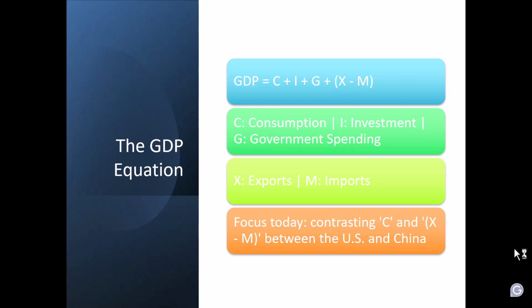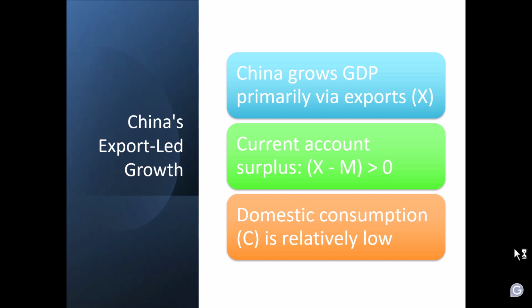And I am going to focus on two components today. The C, which is consumption, and the net exports, which is X minus M, exports minus imports. I'm focusing on the US and China.